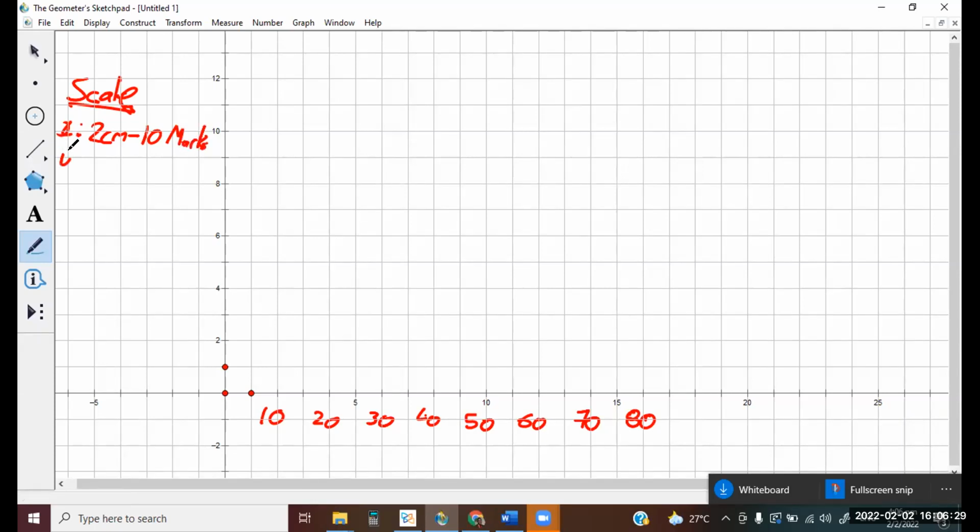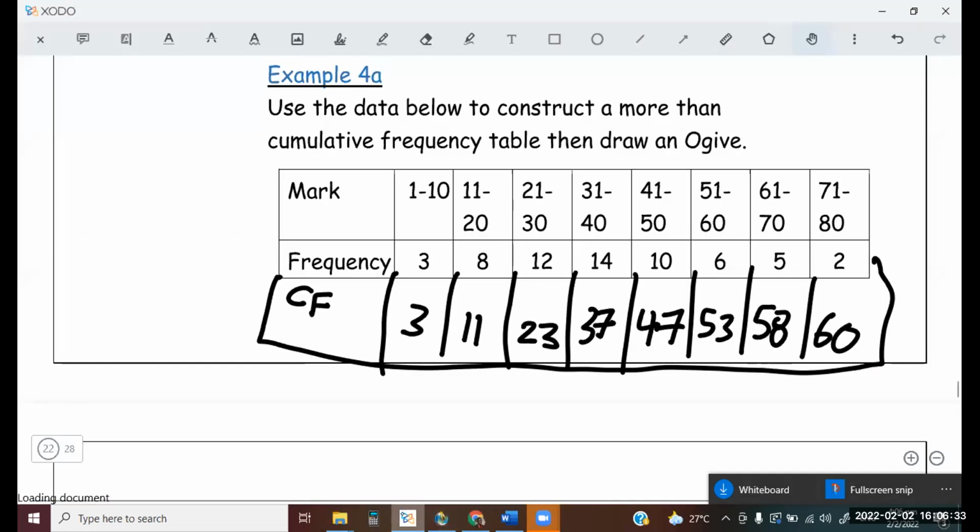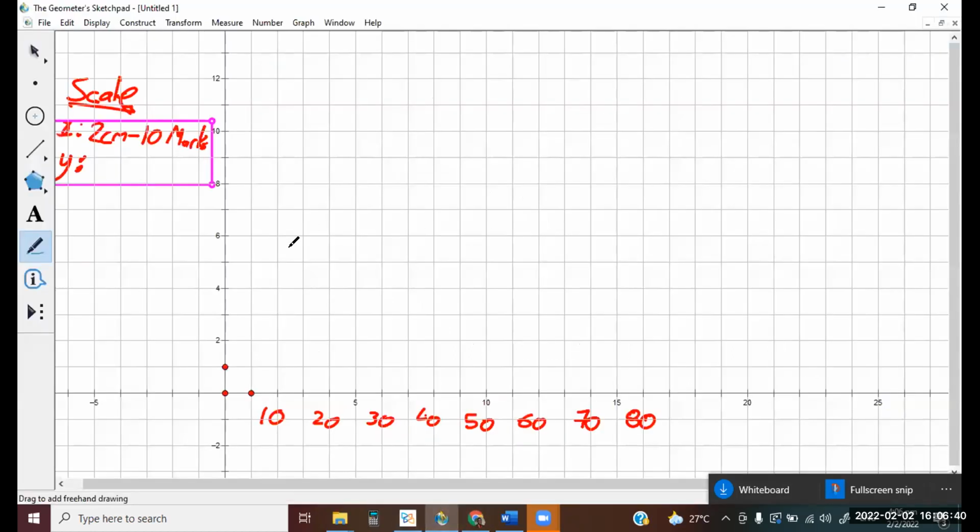And then on the y-axis now, the frequency is the most it's going to go up to 60 cumulatively. So 60, how can we distribute 60? Looking at this right here, maybe 5, 10, 15, 20, 25, 30, 35, 40, 45, 50, 55, 60.